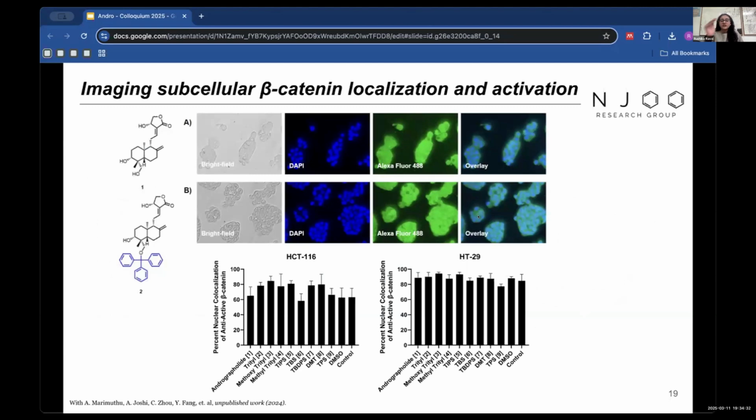And so we then investigated whether the administration of our compounds affects the phosphorylation or localization level of beta-catenin in those specific cell types. In order to do this, we performed an immunofluorescence imaging experiment where we stained beta-catenin with a primary antibody followed by an Alexa Fluor secondary antibody, and then counterstained the nucleus with DAPI.